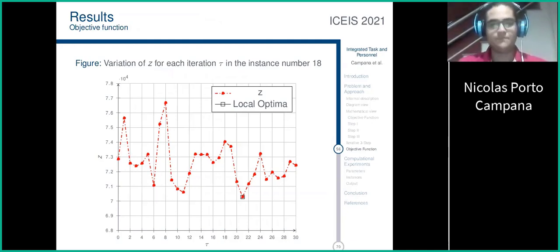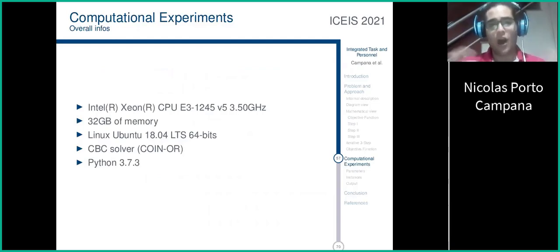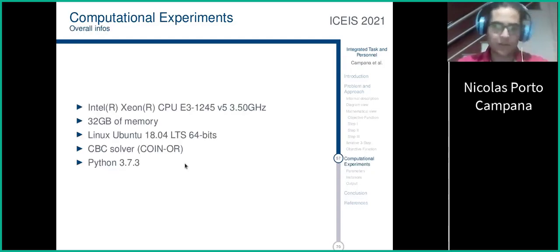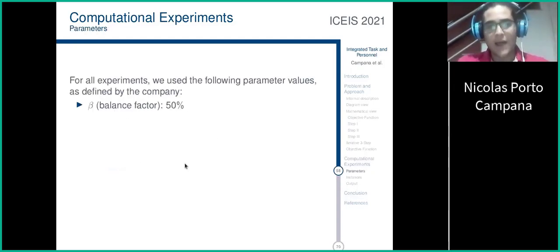For our computational experiments, it's good to say that we use the CBC solver, from the COIN-OR project, in our model, and all the other configurations. For all the experiments, we used the following parameters, with values always defined by the company. We used a balance factor.